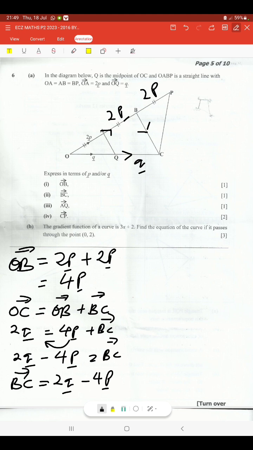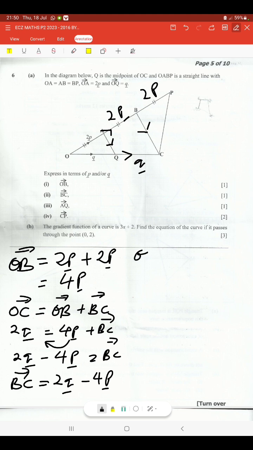Okay, and we're going to move to the third question, which is saying express in terms of P and OQ vector AQ. So vector AQ is this vector and it's going in that direction. Using triangle OAQ, we can see that the resultant vector is vector OQ.